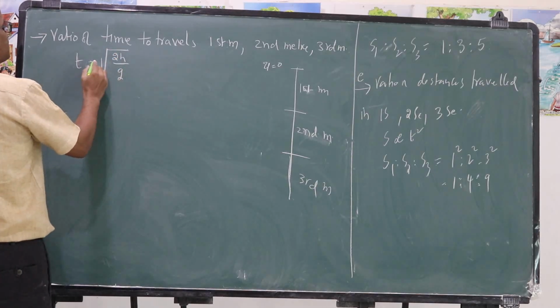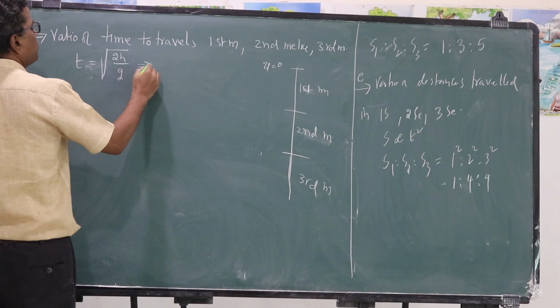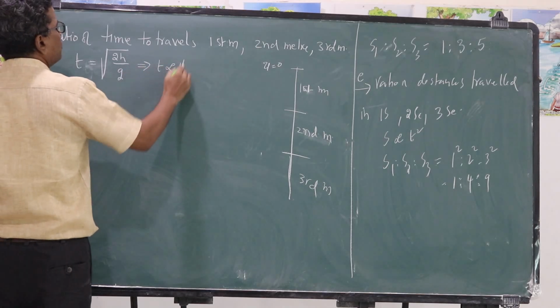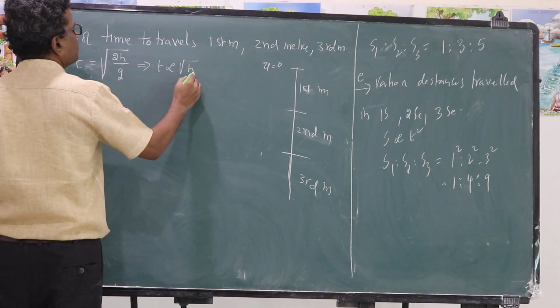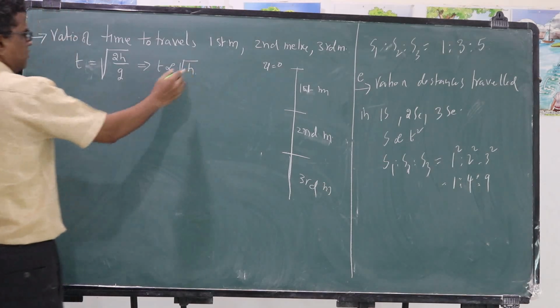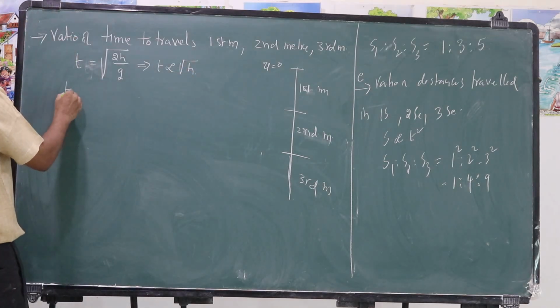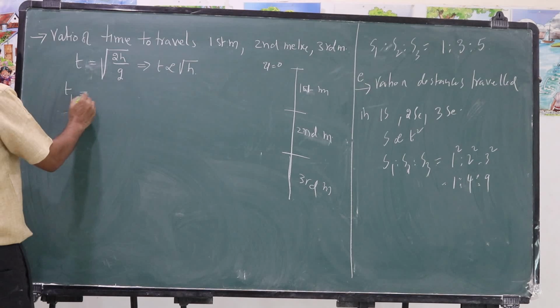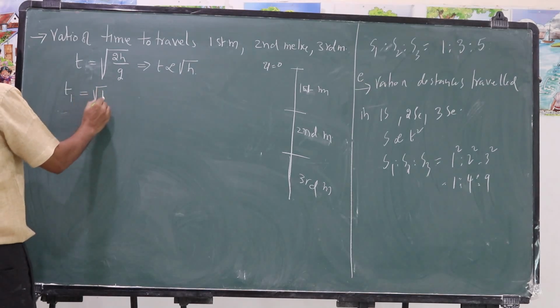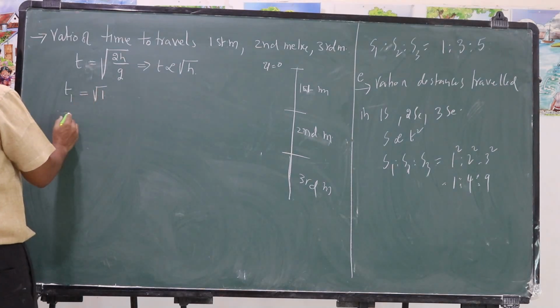From this expression, T is proportional to root h. So if h is 1 meter, for 1 meter it will take root 1 seconds.